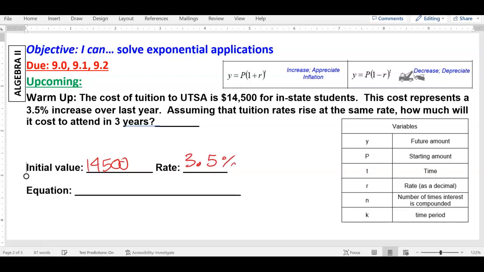Now, if you were awake and listening on Thursday, you would know that we have to turn this percentage into a decimal. What's the rule for turning a percentage into a decimal? Which way does this decimal go, left or right? Right is wrong, left is right, which is weird, right? It's going to go 2 to the left. So watch this.